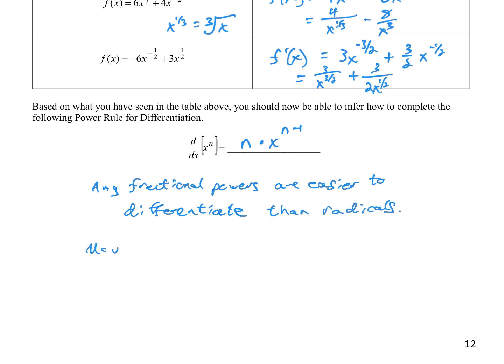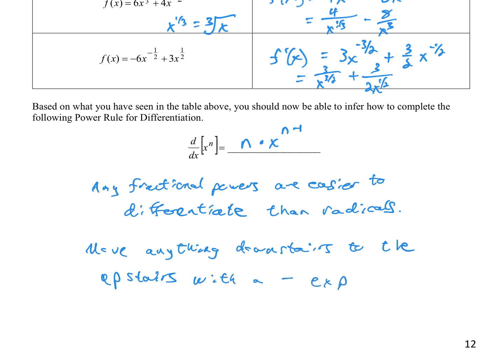And move anything downstairs to the upstairs if possible, with a negative exponent. Okay, so that's a couple of things that we can do to make our life a little bit easier. We can convert any radicals into fractional powers, and anything that's in a denominator, let's move it upstairs and give it a negative power.